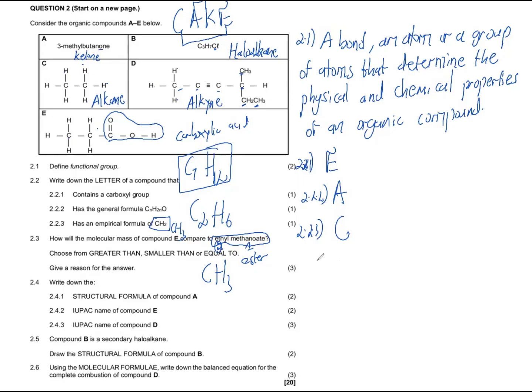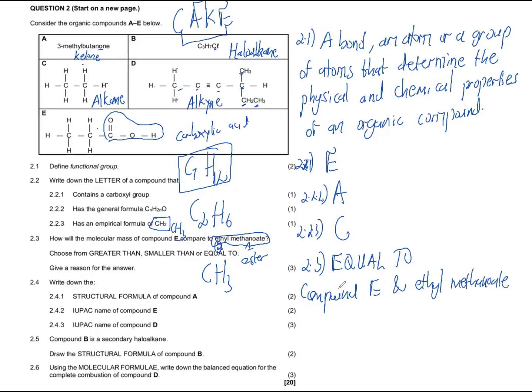So how will the molecular mass compare? We would have to say it's equal to. Why? Because compound E and ethyl methanoate are functional isomers.